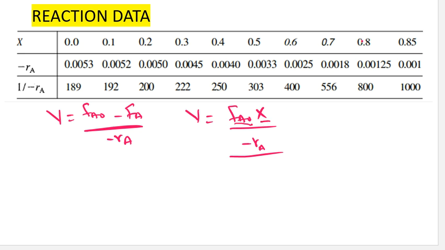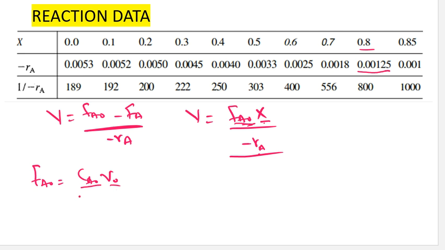We already know X at 80% conversion, and minus RA there is 0.00125. So we need FA naught. How do we calculate FA naught? You remember FA naught is equal to CA naught times V naught. CA naught is the molar concentration, while V naught is the volumetric flow rate.